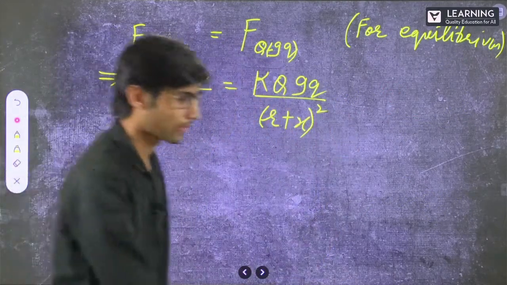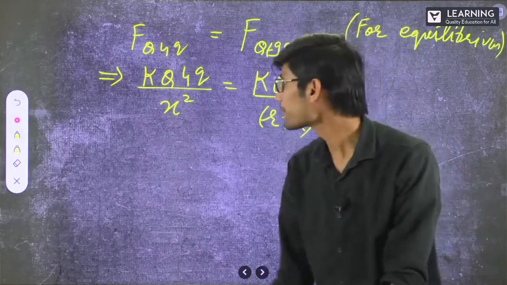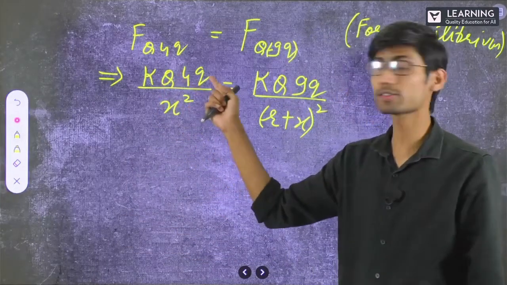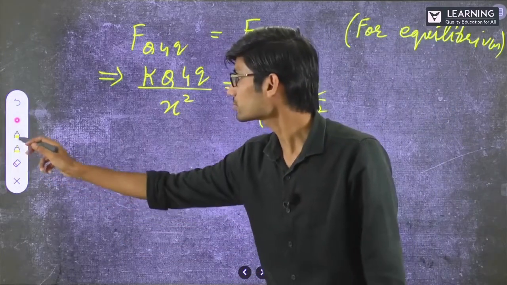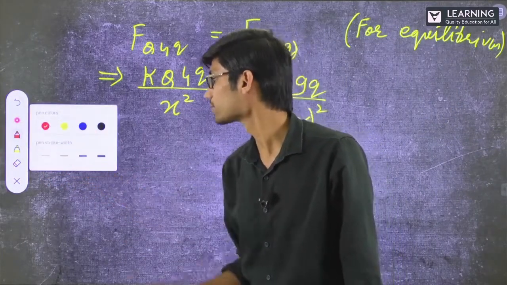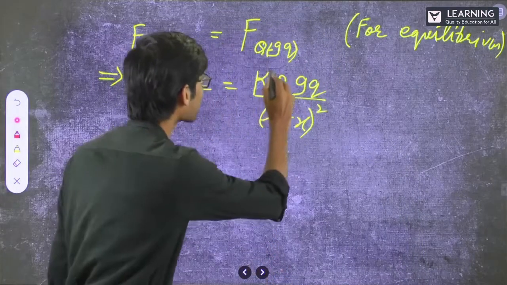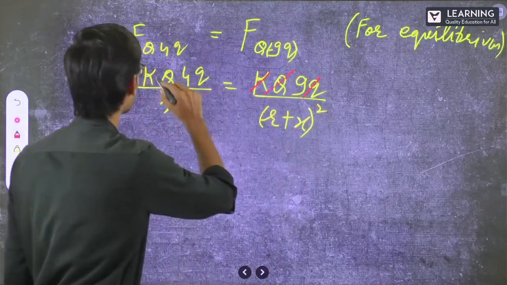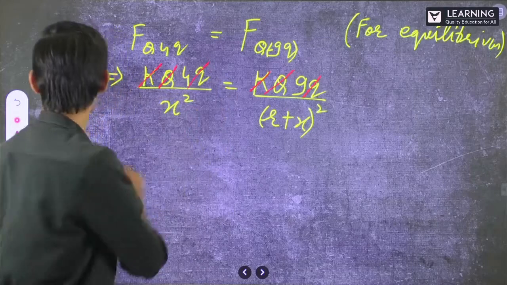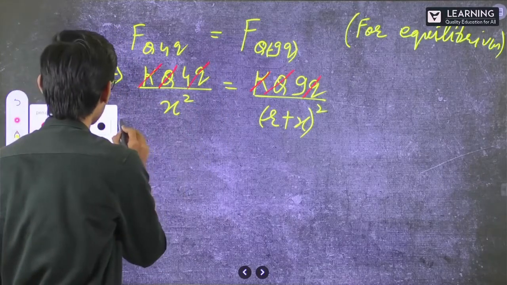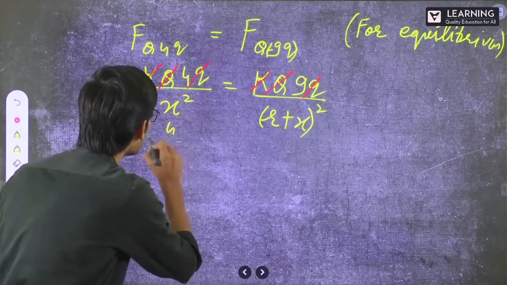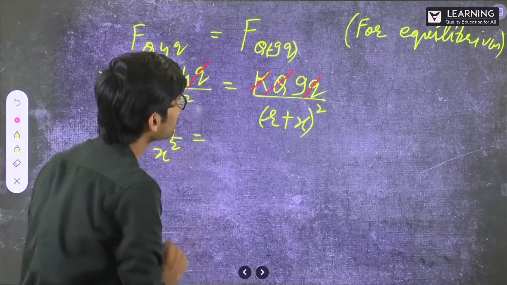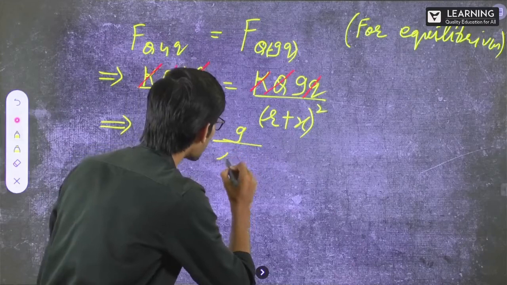Yes or no? Now from here, if you see, k, q and this small q will be cancelled. So if I cancel this, k, q, q, k, q, q, from here I can write 4 by x square is equal to 9 by r plus x whole square.